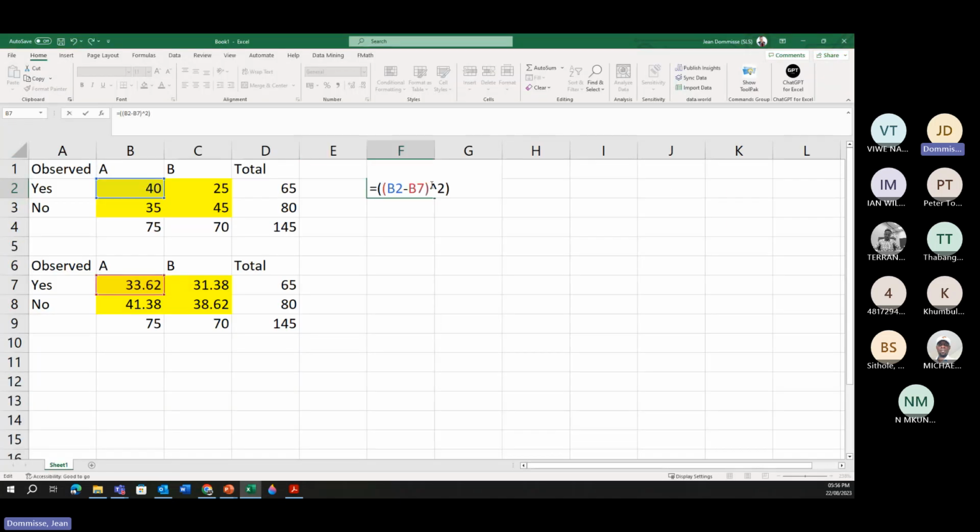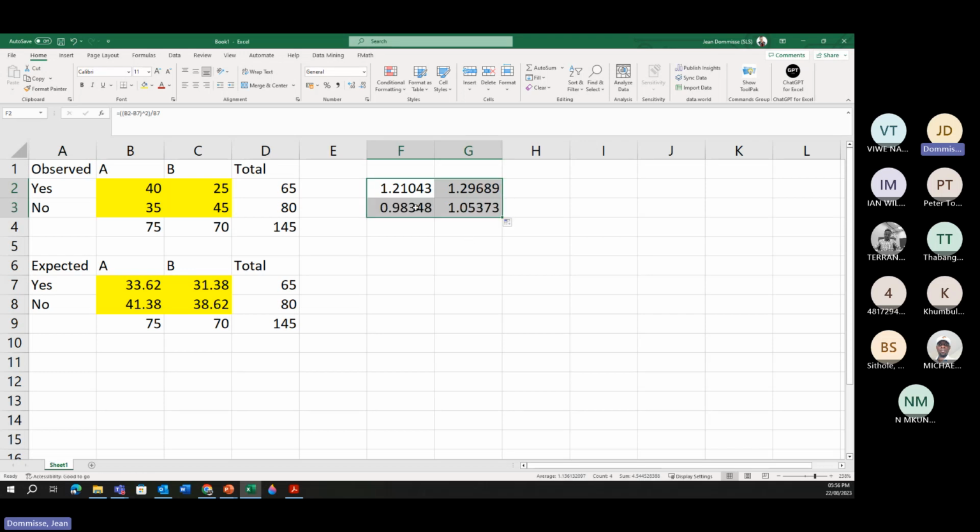Sorry, and again, please don't try to remember this. Okay, so we then need to do it for all 4 of them. Let's quickly check that is correct. That looks like the right ones. And then we need to add all of them together.